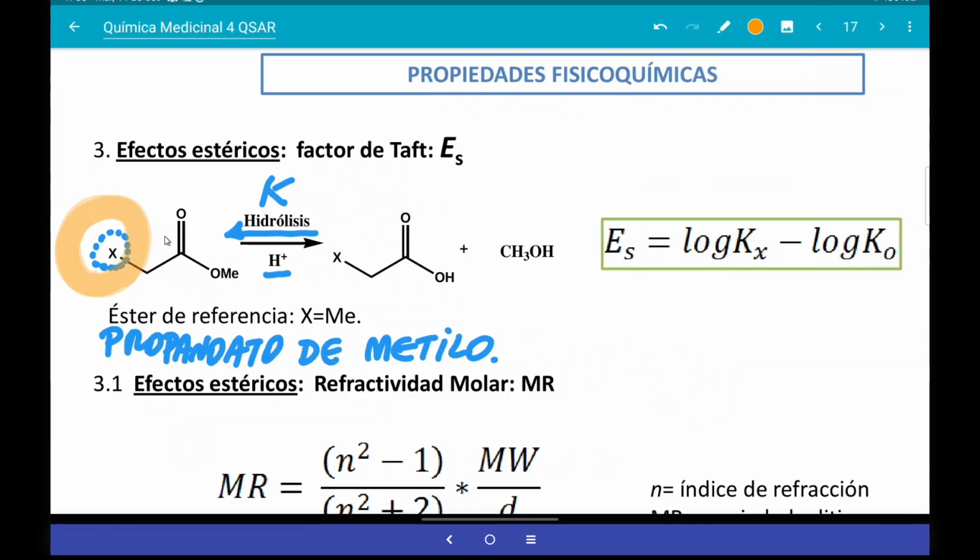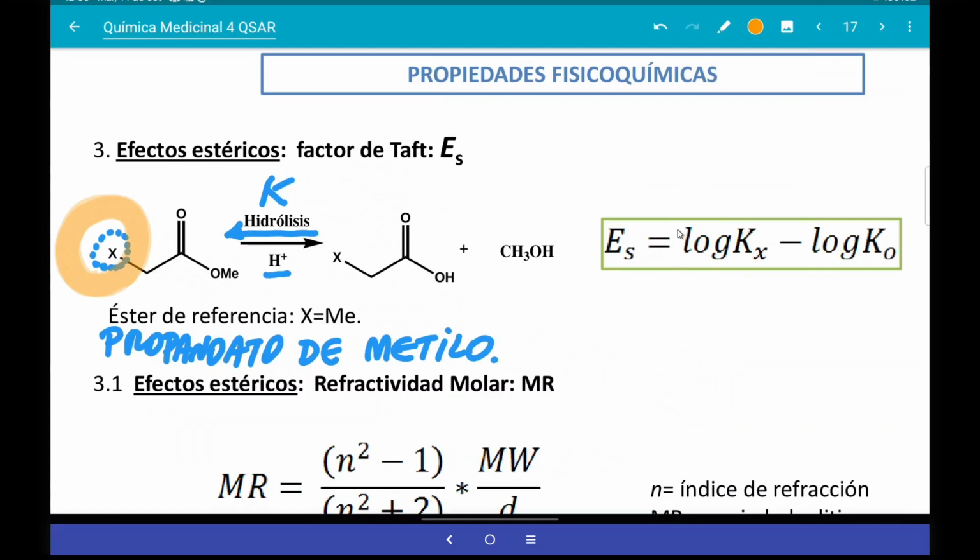If here I have a large voluminous substituent, it is more difficult, and is this value larger or smaller? Here we are not evaluating acid, but the hydrolysis.